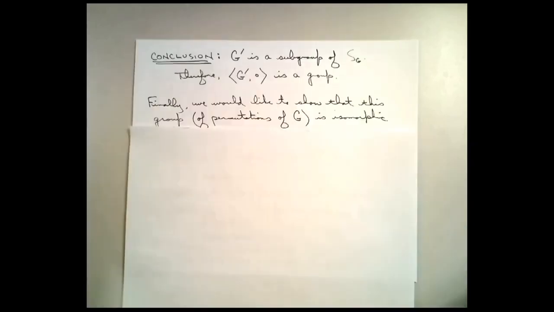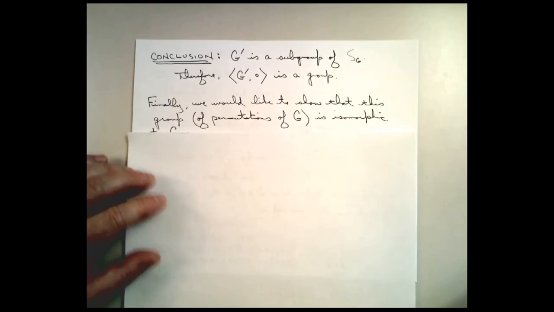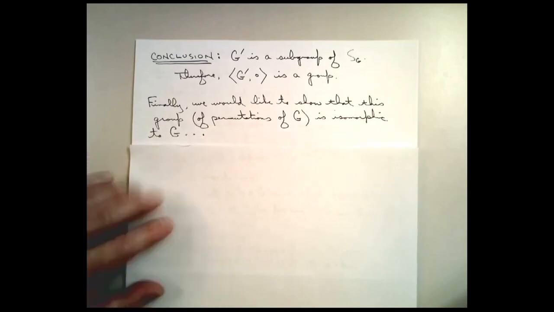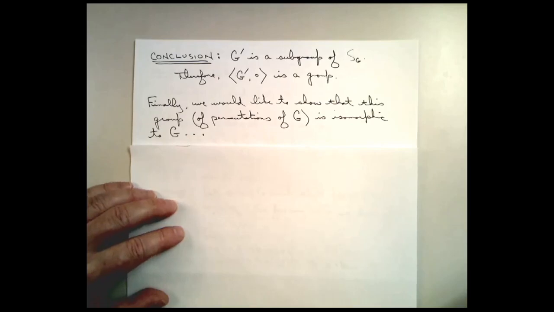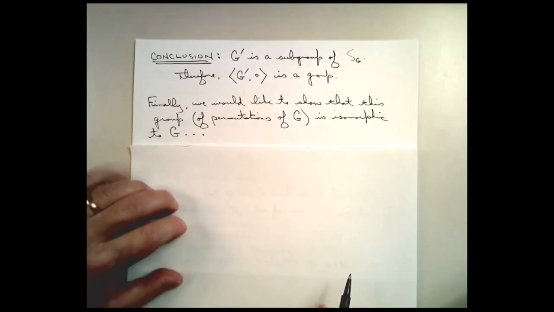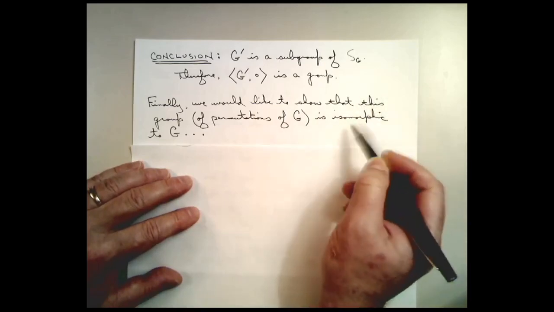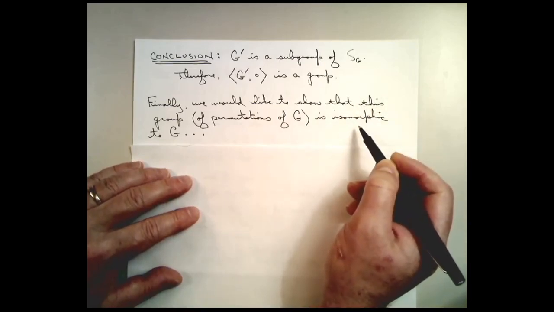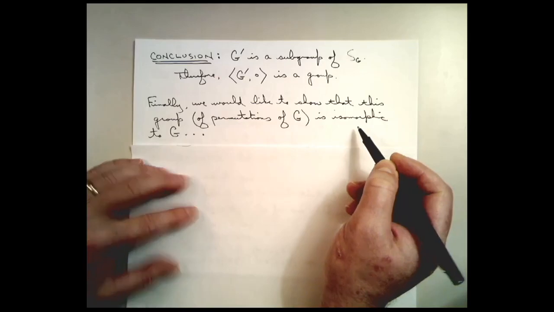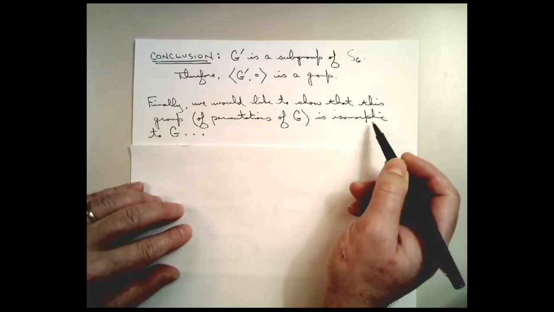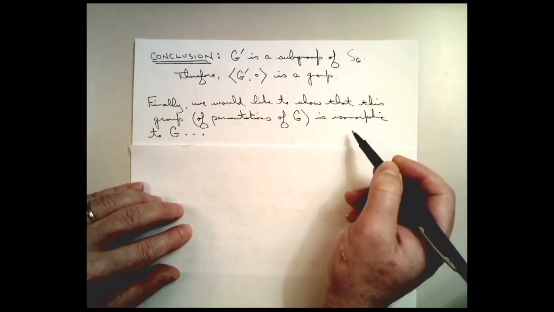That's the only thing we have left to do now, is to show that in general, this group of permutations is isomorphic to the group G that we began with. How do we do that? What does that mean? Well, we're going to use our definition of what it means for two groups to be isomorphic, our new definition, not the one that involves Cayley graphs, but the one that involves isomorphisms.